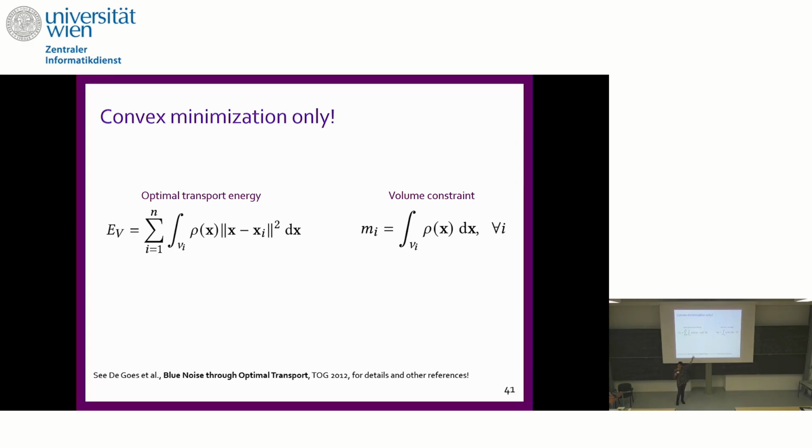You are given these values m_i, and you will try to make sure that the integral of the density over the volume that is dual to x_i would be exactly this m_i.